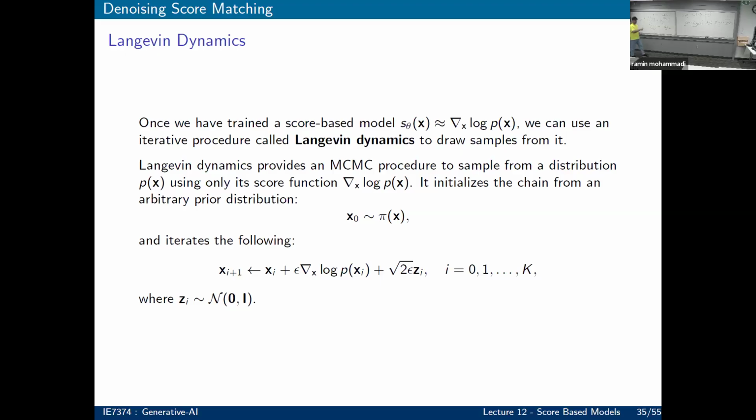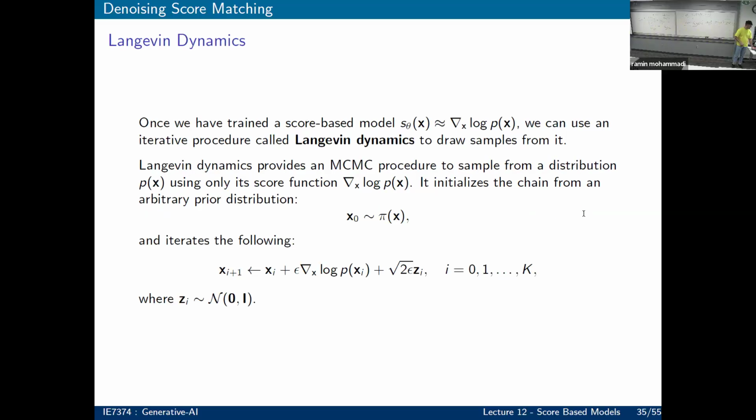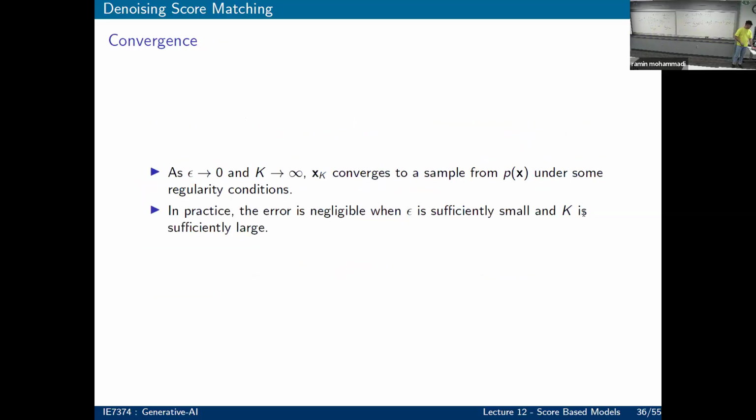That's the idea of Langevin dynamic, or MCMC basically: adding random noise, or here removing noise if you're generating. The idea is that as K, the number of iterations, increases and epsilon goes towards 0, it is guaranteed that this will map to P of X. It will converge.